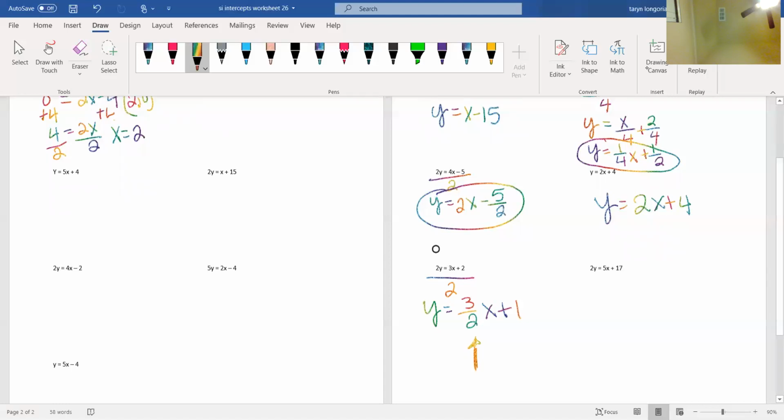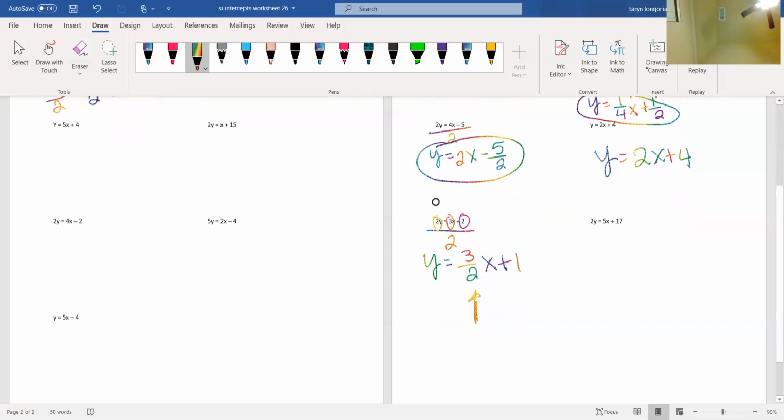You just divide each segment by 2. So this is a segment, this is a segment, this is a segment. Same thing, divide this by 2. That's y equals 5 over 2x plus 17 over 2. It's not a big deal if you have a y-intercept that's a fraction.